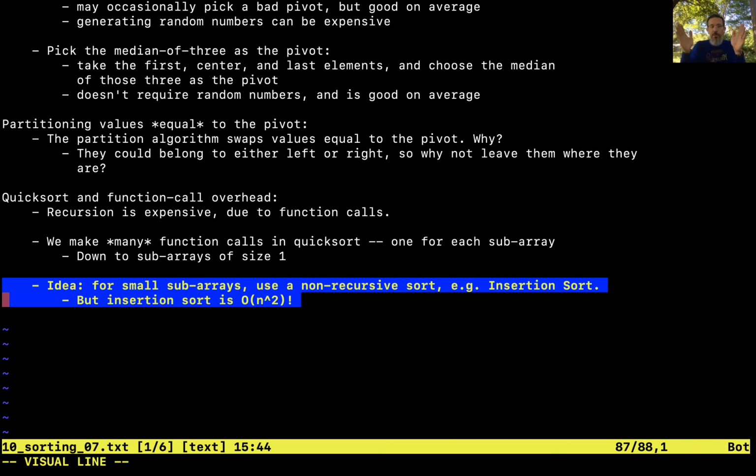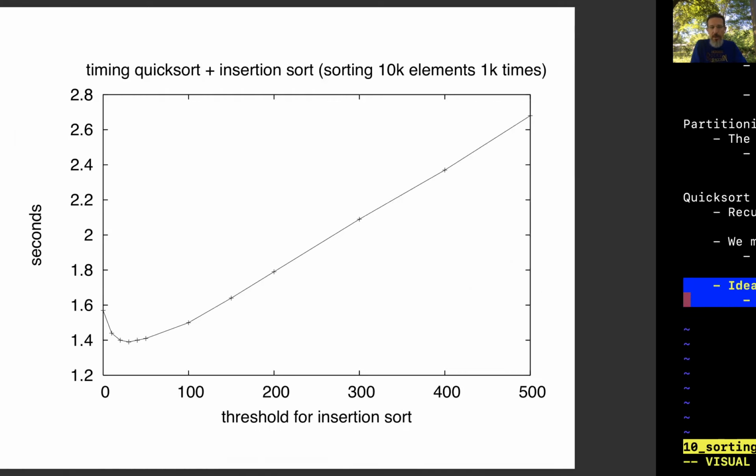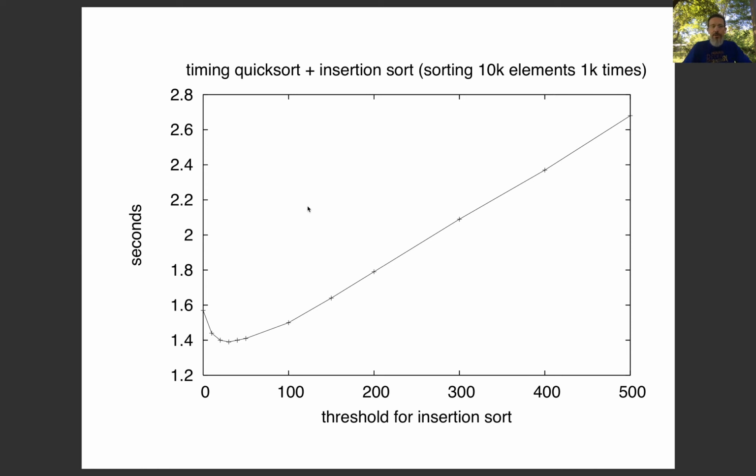But if the length of the subarray gets too small, then just run insertion sort on just that portion. And you can change how long that threshold is. You can say, well, I'll run insertion sort on very small arrays versus running it on very large arrays. Here are the results of doing that.